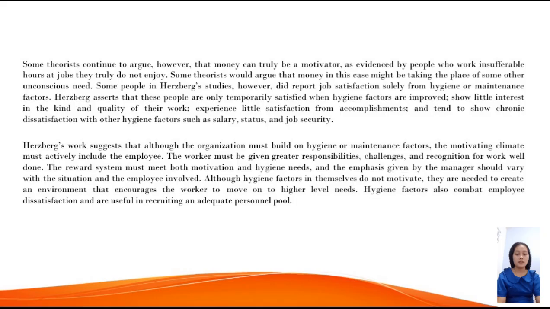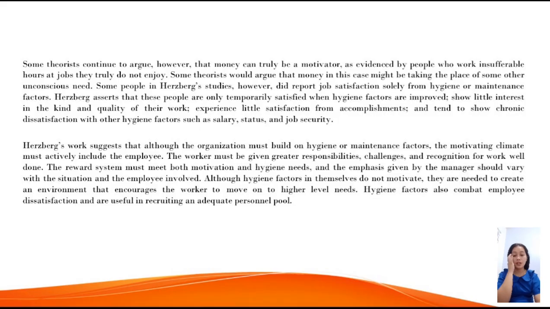Some people in Herzberg's studies, however, did report job satisfaction solely from hygiene or maintenance factors. Herzberg asserts that these people are only temporarily satisfied when hygiene factors are improved and show little interest in the kind and quality of their work, experience little satisfaction from accomplishment, and tend to show a chronic dissatisfaction with other hygiene factors such as salary, status, and security.